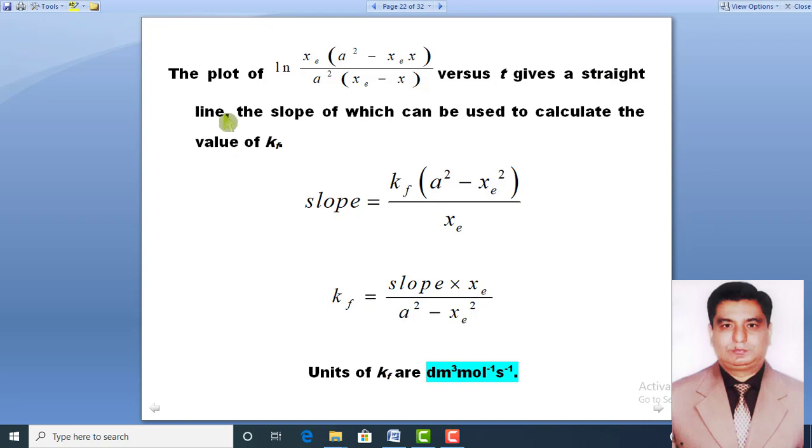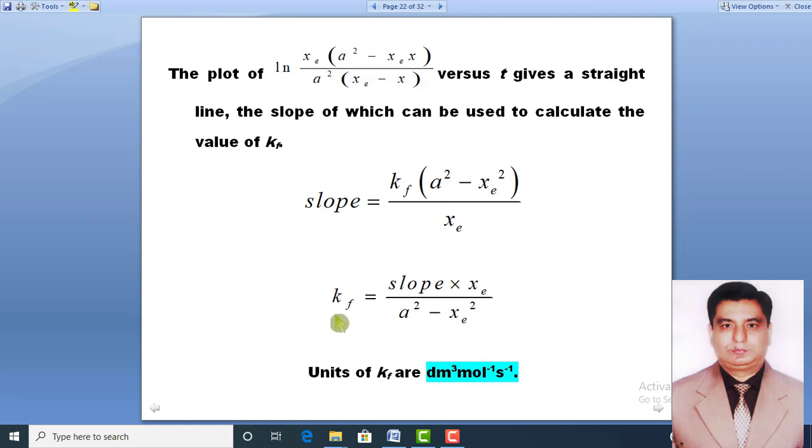And the slope of this straight line will be equal to kf into a square minus x square over xc. And from this slope, we can find the value of kf. Just by putting the value of slope from the graph, it will be multiplied with the equilibrium concentration divided by a square minus x square. We will get the value of kf.